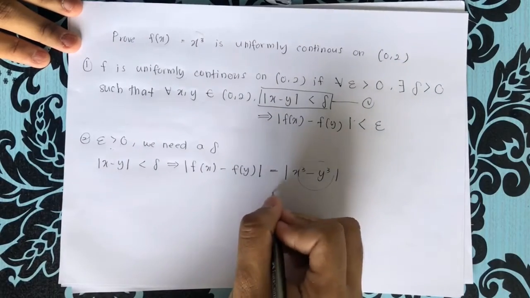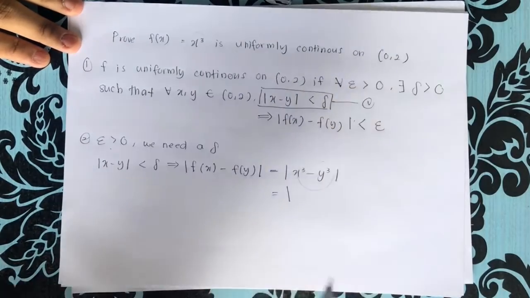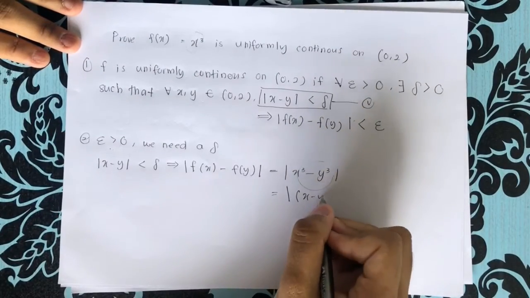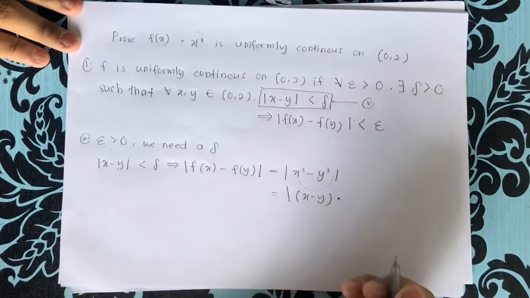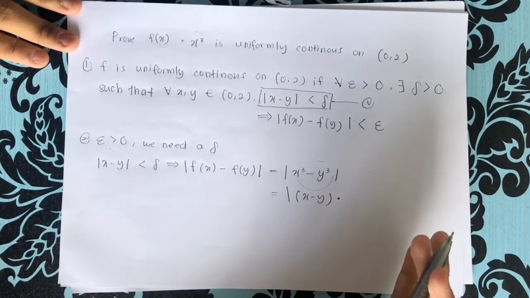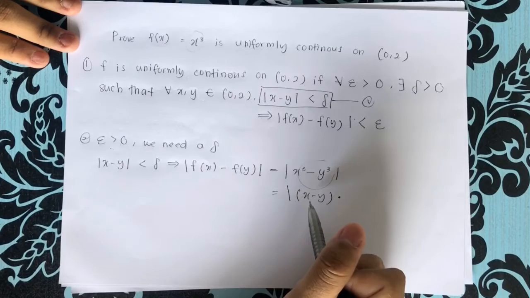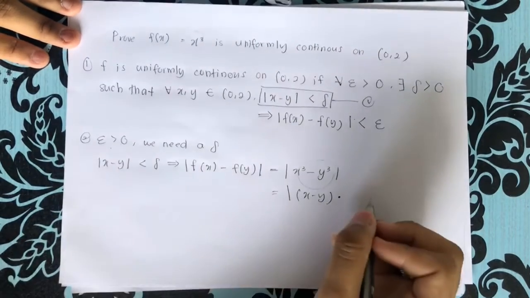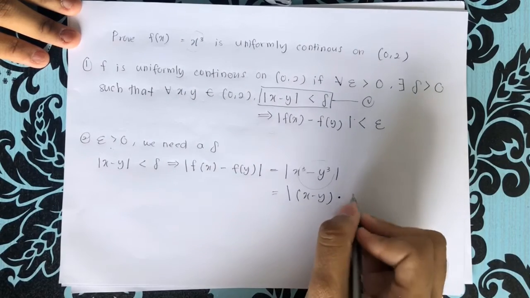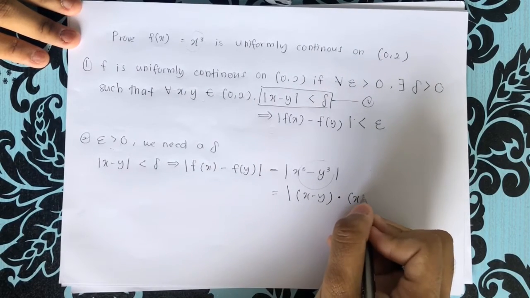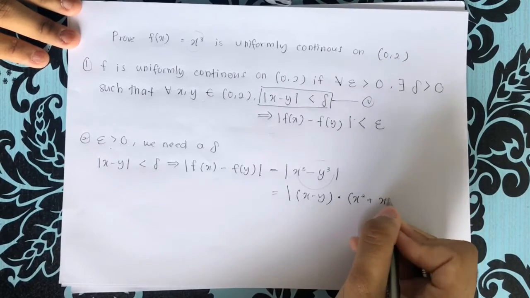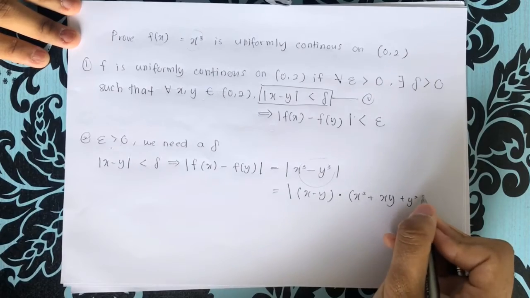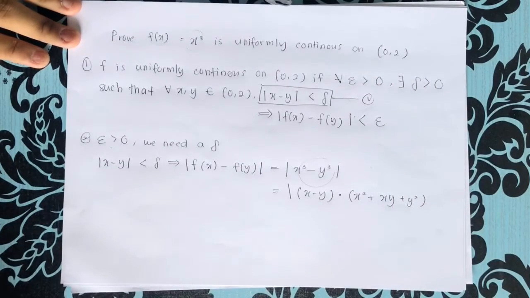To do that, first take out the original factor, which is x minus y. Next, you need to figure out another factor that, when multiplied by it, gives x cubed minus y cubed. For this question, I got x squared plus xy plus y squared.